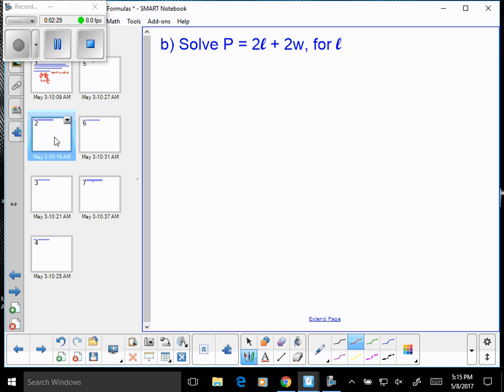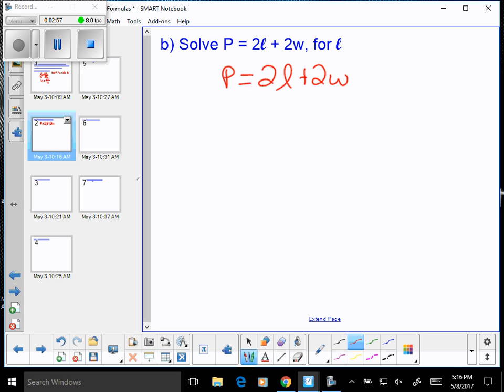I'm going to solve this one, or transform this one, so I can have L all by itself on the left side. So this says perimeter equals 2 times the length plus 2 times the width. This looks very much like the old-fashioned two-step equation of something like 2n plus 6 equals 12.